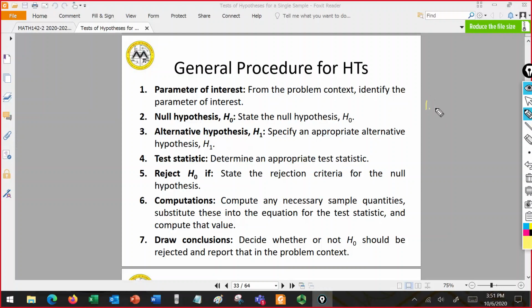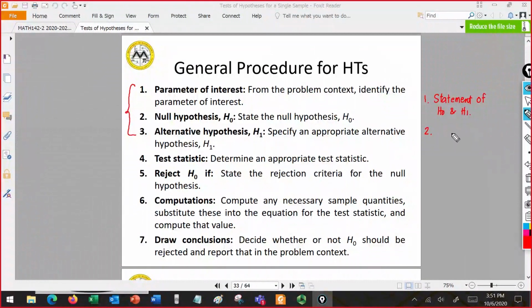Okay, first of which is the statement of the hypothesis. So, magkakasama na siya dito, 1, 2, and 3.